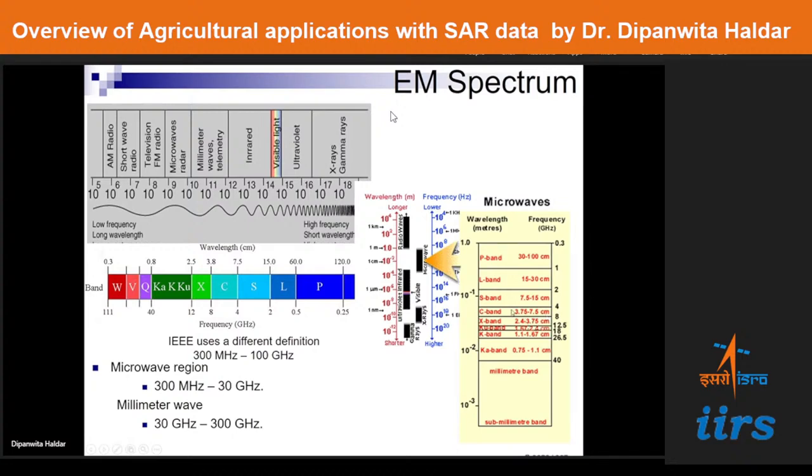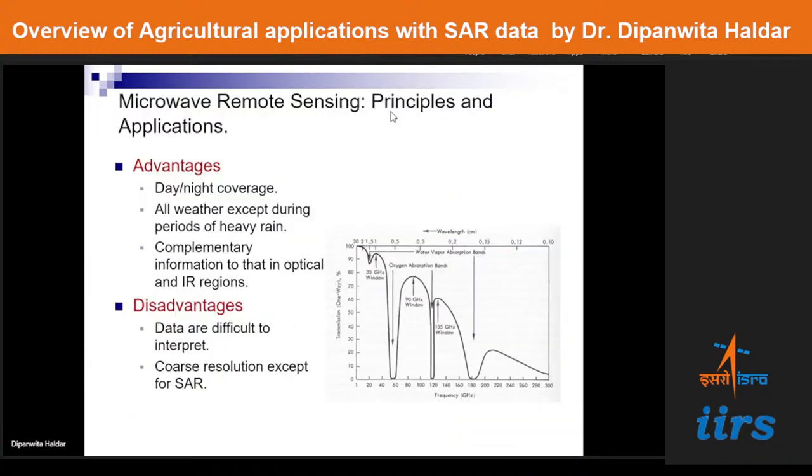Towards the longer wavelength, we have S, L, and P, going up to a maximum of 100 centimeters or so. Towards the shorter wavelength, we have X, Ku, K, Ka, and so on. How these wavelengths are decided and what kind of application can be done with what wavelength and frequency, we'll see in our subsequent slides.